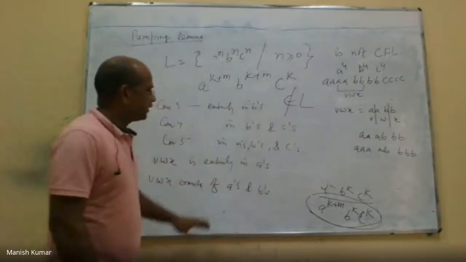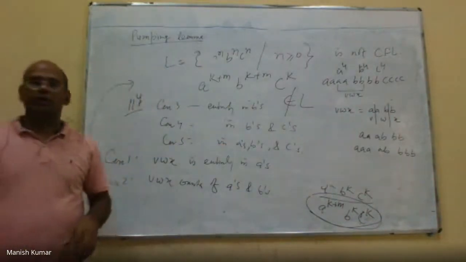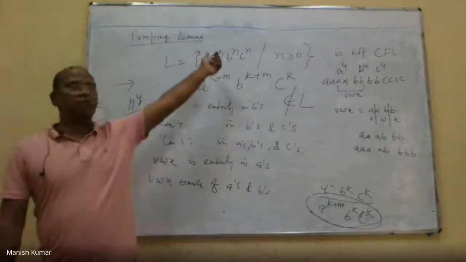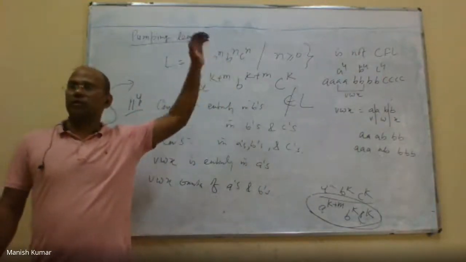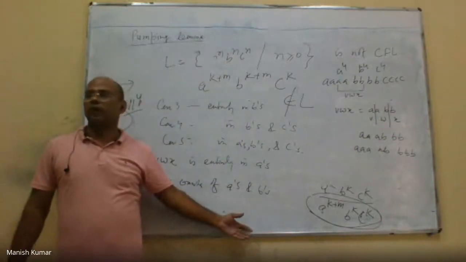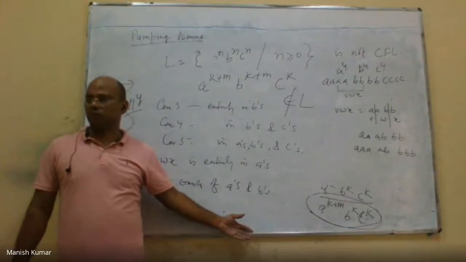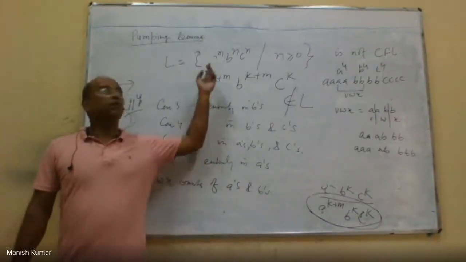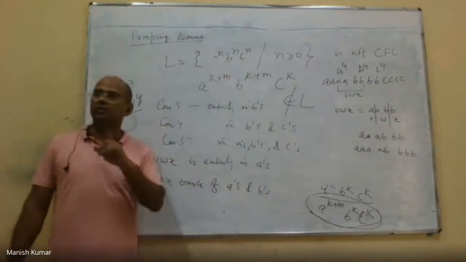So if you prove it like this, then you can say that the assumption I made, that this particular language is a CFL, is wrong, because according to the pumping lemma, it is not the same. So my supposition has a contradiction. With this contradiction, I can say that this particular language is not a CFL.